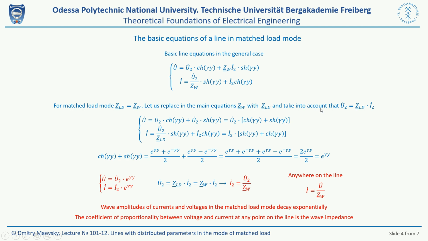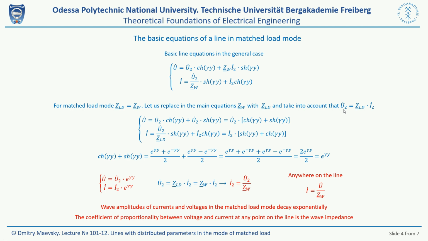And let's consider that the product of the load impedance and the load current is nothing but the voltage across the load, denoted as U2.